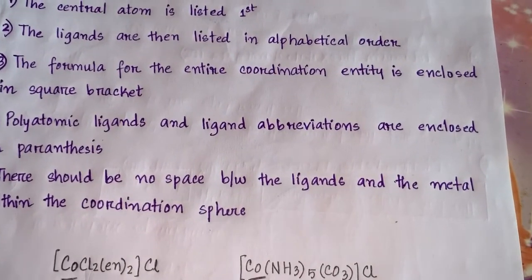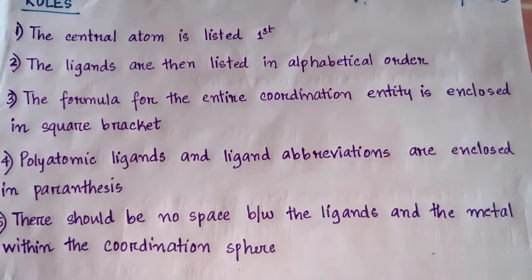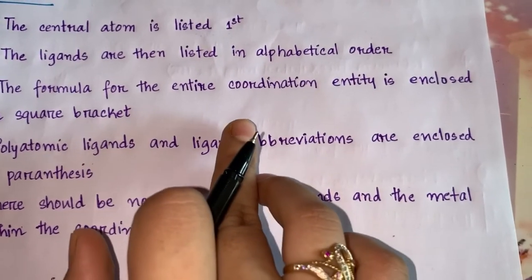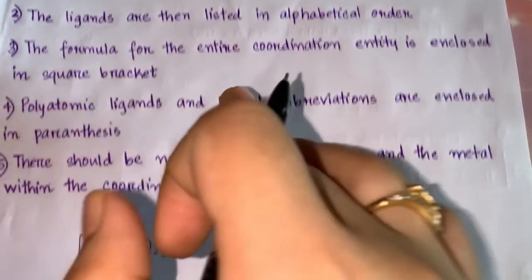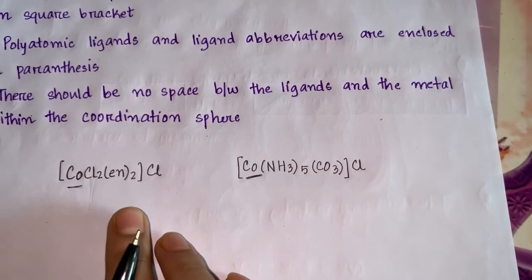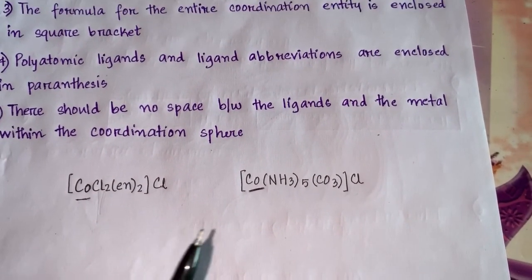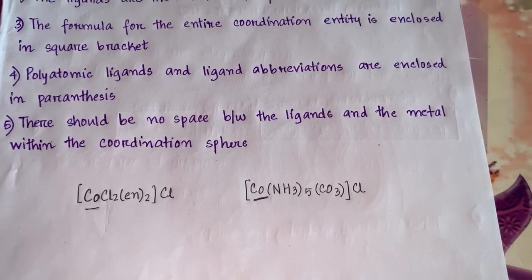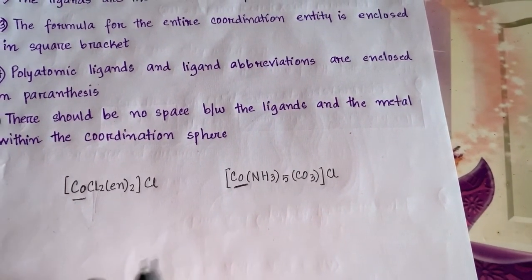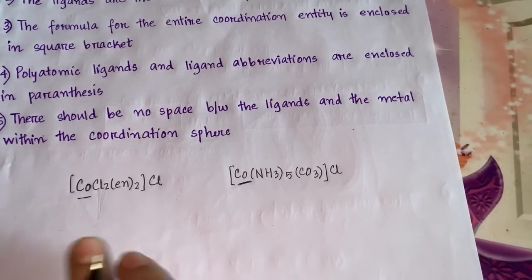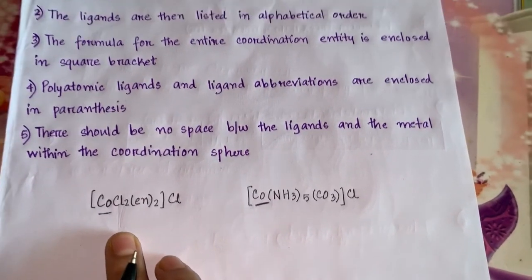Let's move to the third step, which says the formula for the entire coordination entity is enclosed in square brackets. So what is a coordination entity? Whatever metal atom or atoms are present within the coordination complex, all that together forms the coordination entity.